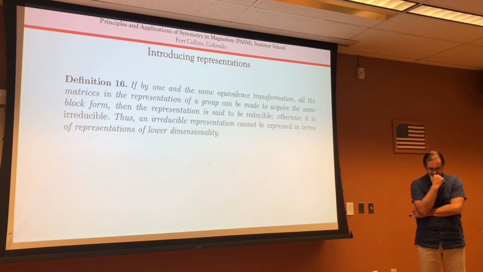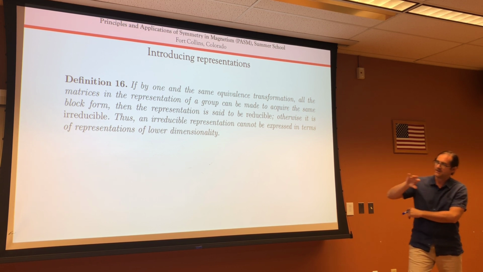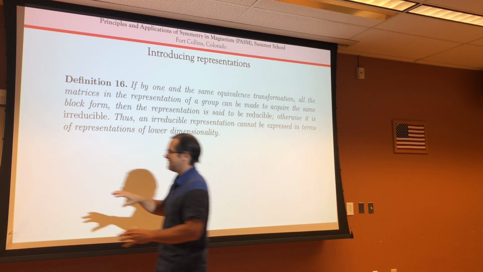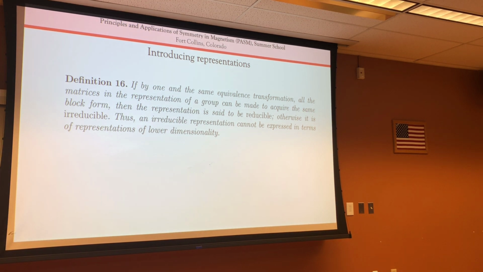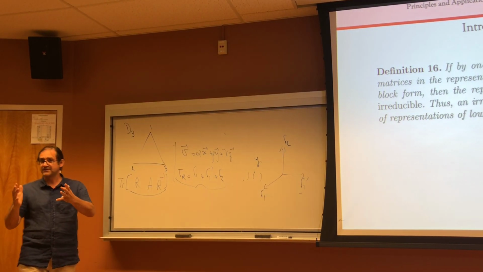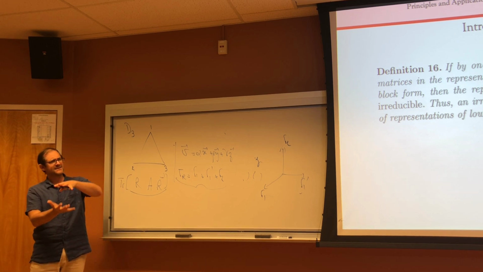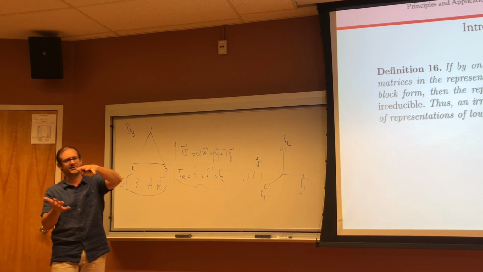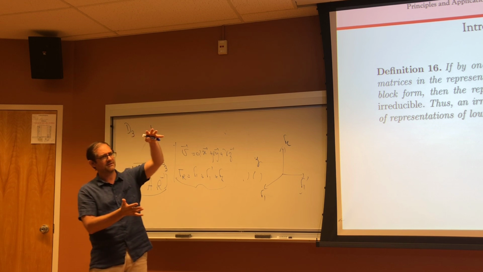Let me see. We actually have seen a very concrete example of the decomposition from reducible to irreducible representation in Satoru's presentation 2 days ago. You remember that he was talking about the lattice distortion, right? Going from cubic to tetragonal, I think.